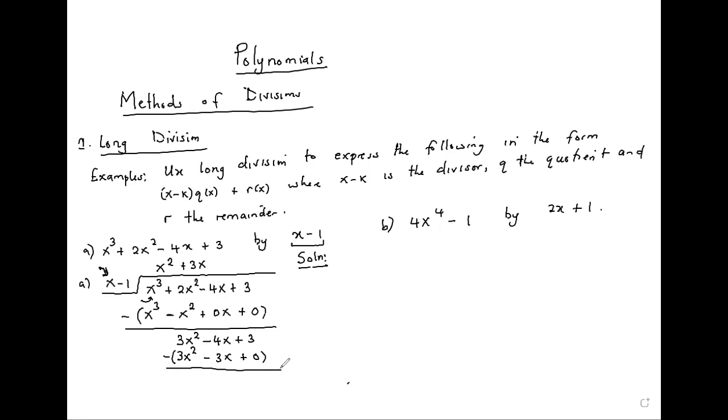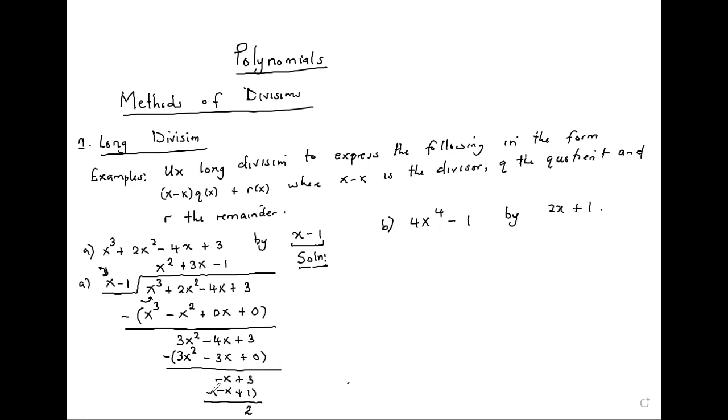Negative 4x minus, that is negative x plus a 3. Then a negative x divided by x, we get -1, and then multiply, we have negative x plus 1. Subtract again, we get 0, 3 minus 1, we get 2.